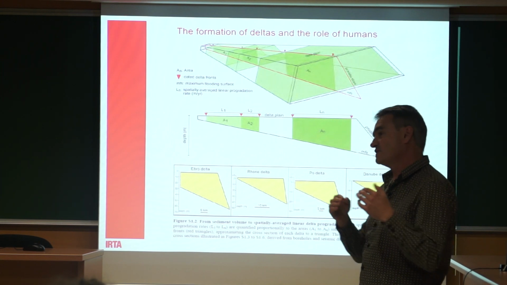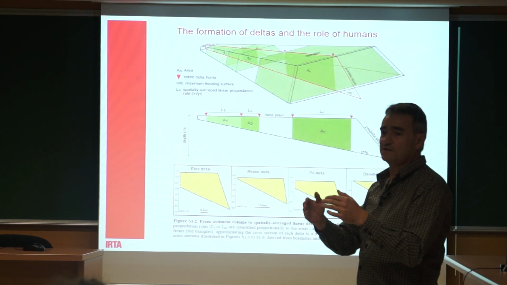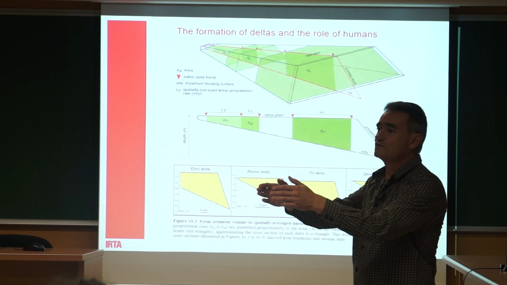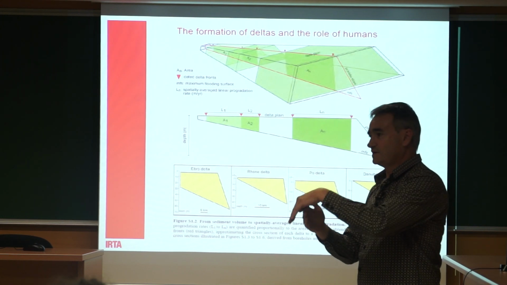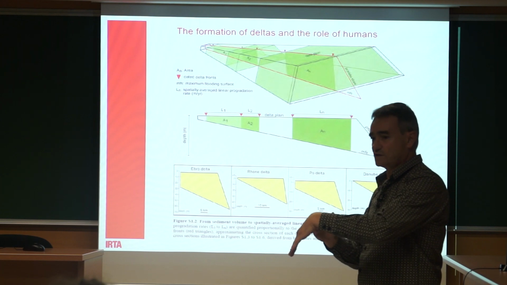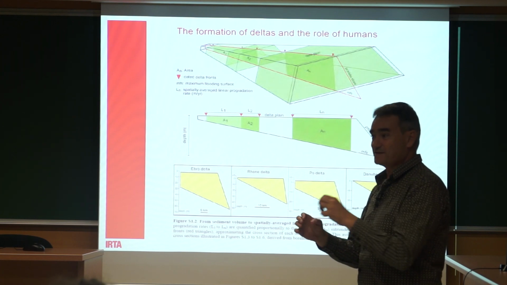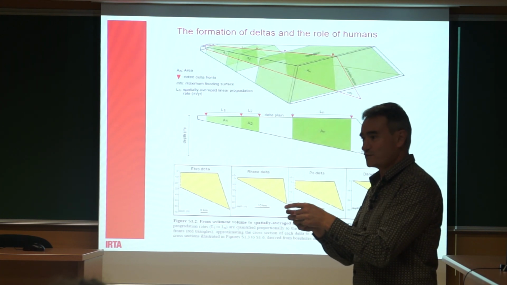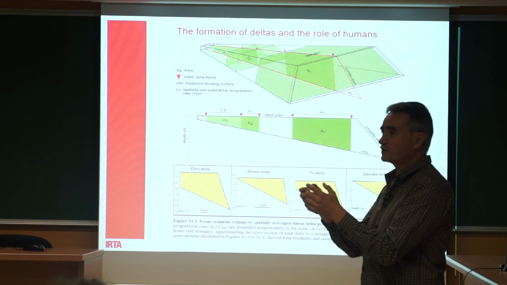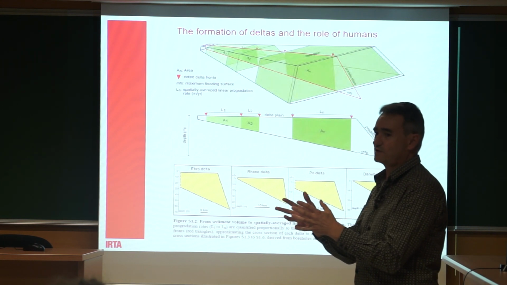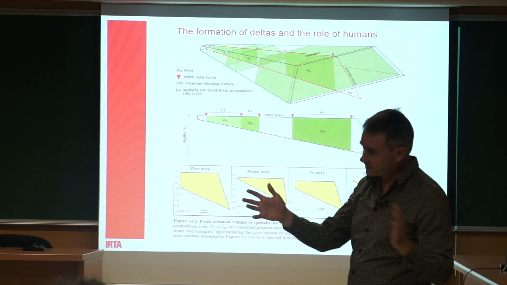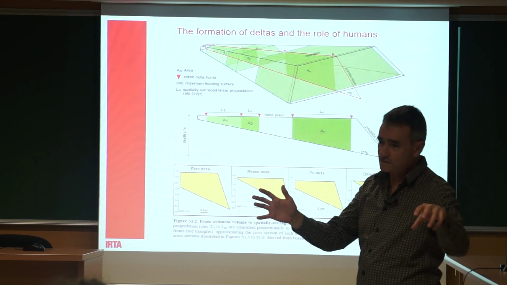Once this lobe reaches maturity after centuries, because it goes farther into the sea offshore and the slope is deeper, it needs more material to build up 1 new square meter. So at some point it's almost stationary. You cannot build any more delta unless you get a new trajectory of the river and a new lobe.